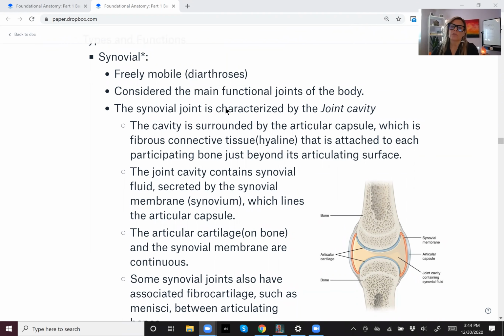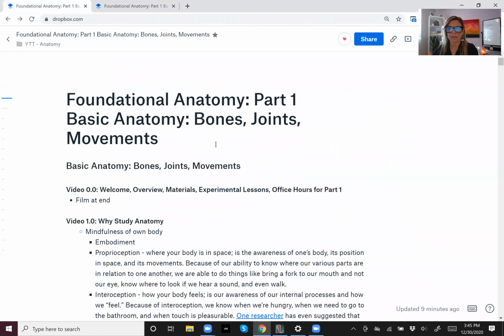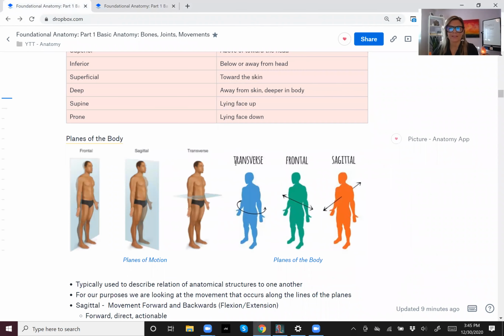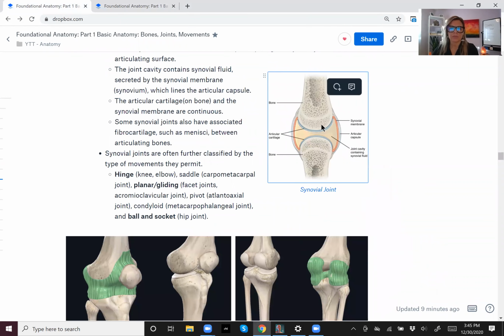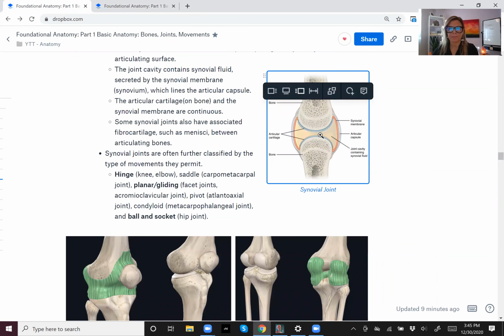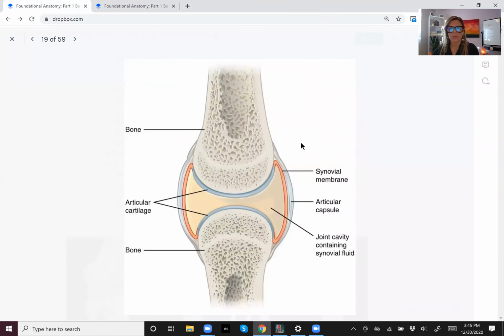The synovial joint is characterized by what we call the joint cavity. So I'm going to pop back over here and come on down to our picture and click this, make it bigger for you guys so you can see. So you'll see here, this is a cross section of a synovial joint. This outer layer is called the articular capsule.